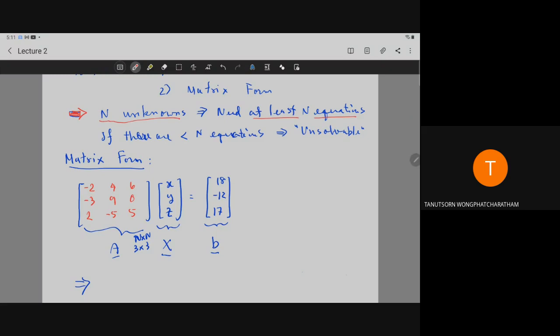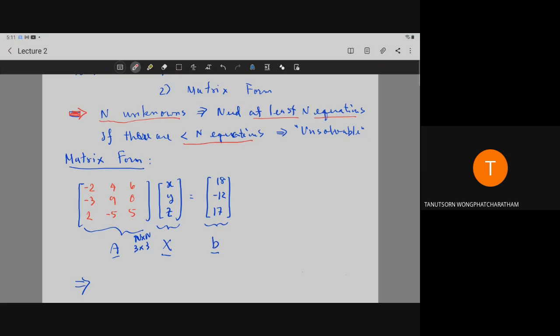If you have fewer than n equations, in general it is unsolvable, except in some cases, and we will see more criteria or conditions later as we go on.